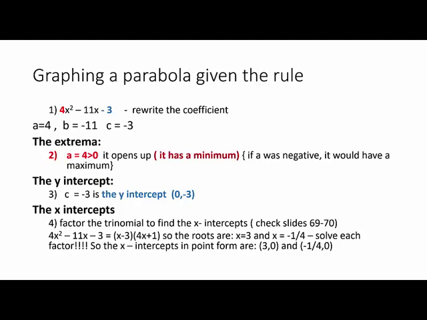When the a is negative, then this means that the parabola opens down. In this case, a is equal to 4. That is greater than 0. So this means that it opens up. It has a minimum. If it was negative, then it would have a maximum as it will open down. So this is the first important thing that we need to remember.